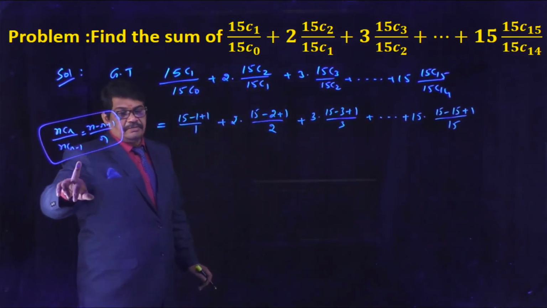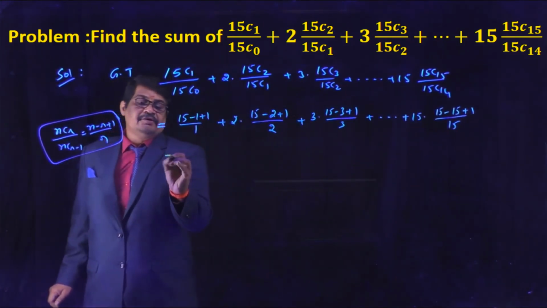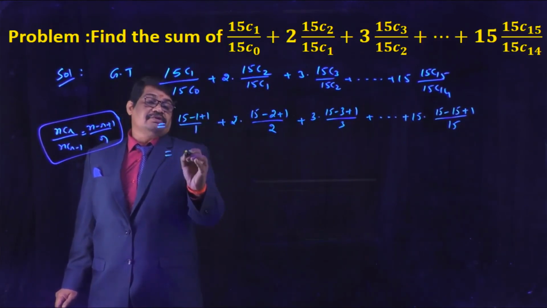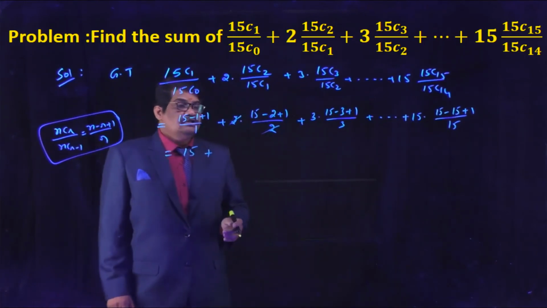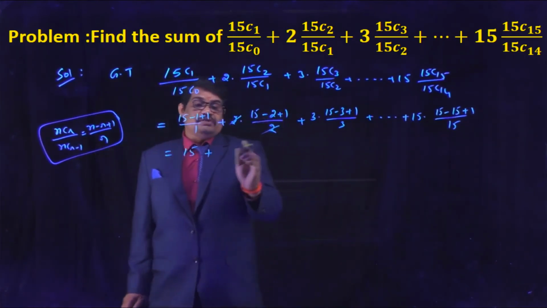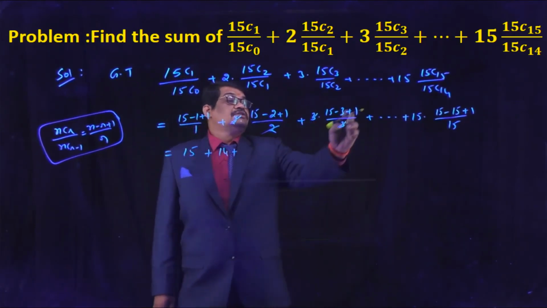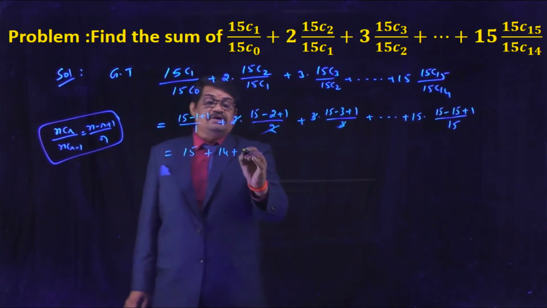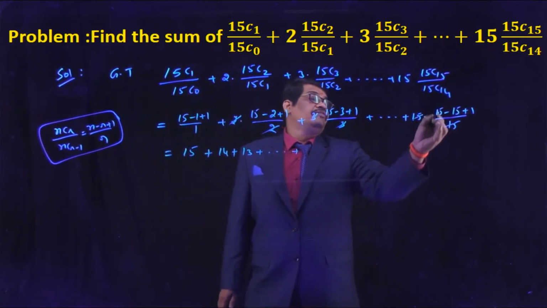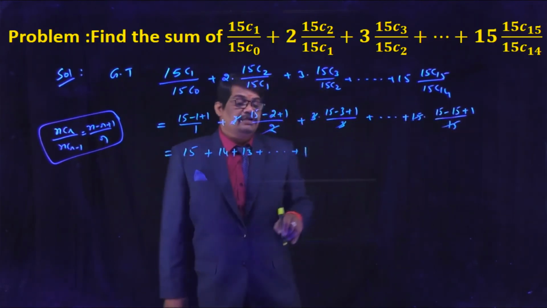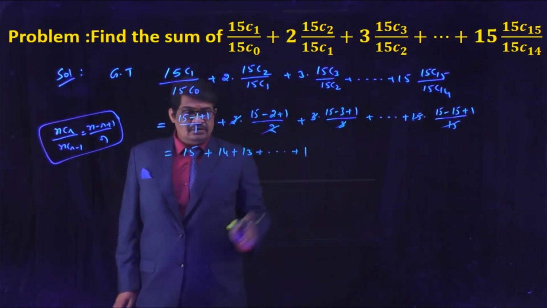Here 15 minus 1 plus 1 cancel, this is 15. Here 2 will be cancelled, that is 16 minus 2, that is 14. Next, 3 and 3 will be cancelled, that is 16 minus 3, that is 13. Like this, the last one is where 15 cancels, minus 15 plus 15 cancel. That is 15 plus 14 plus 13 and so on up to 1.